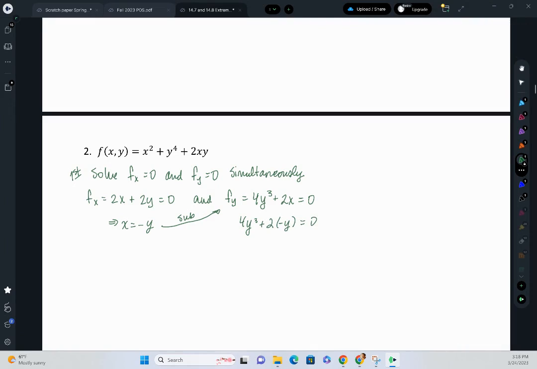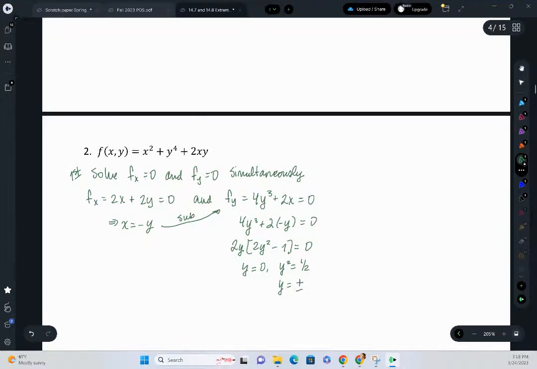Now it looks like I could factor this and solve, so I'll factor out a 2y. That leaves behind a 2y squared minus 1. That's equal to 0. So I get y is equal to 0. Y squared is equal to 1/2, which means y is equal to plus and minus, don't leave those minuses out, 1 over the square root of 2.